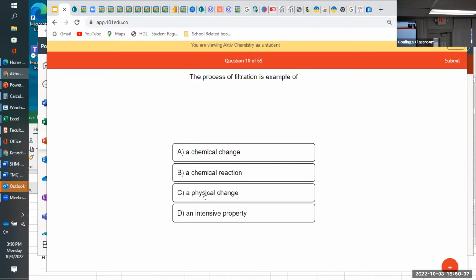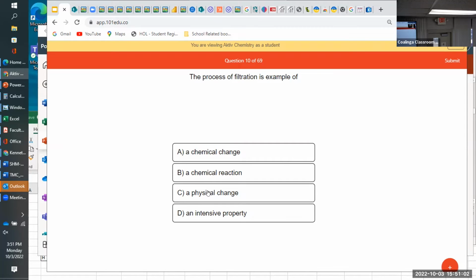I'd say that. Anybody agree or disagree? As far as the physical change, I will agree. I don't know what D is, so I can't. Intensive properties don't depend on mass.